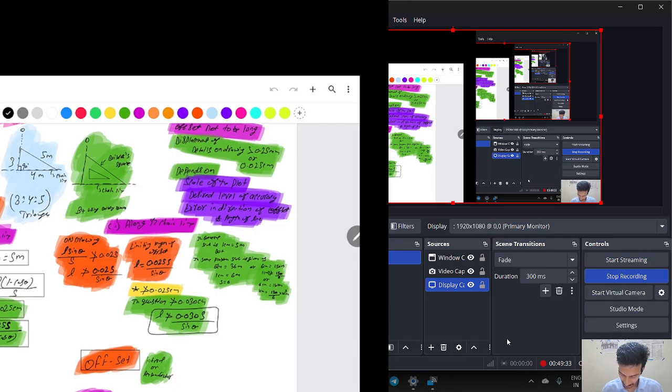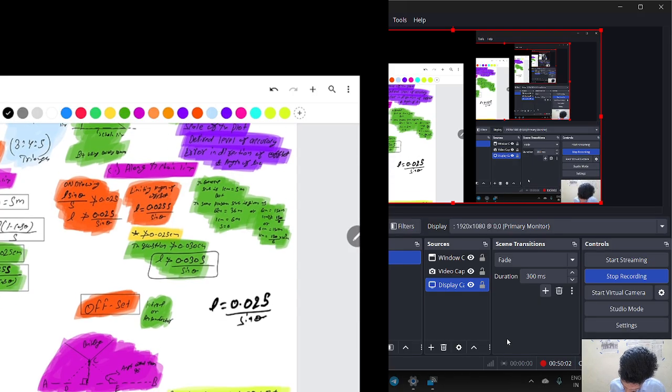Along the chain, the limiting length of offset is: length is equal to 0.025 upon sine theta. And for the other, length is equal to 0.025 upon, minus cos theta.